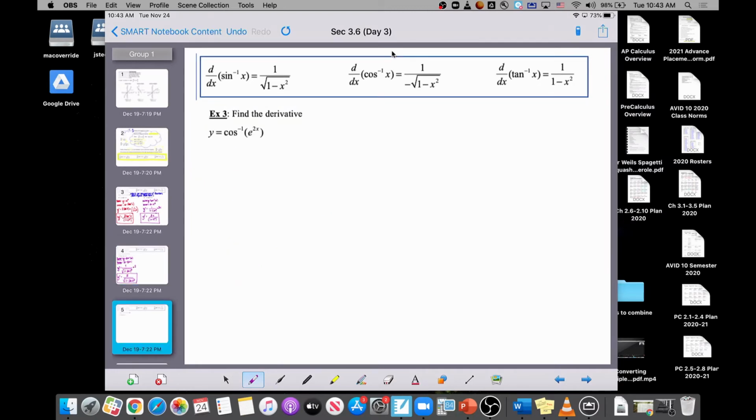The next example, we have an inverse cosine as our outer function. And this one actually has a composition of 3 functions.